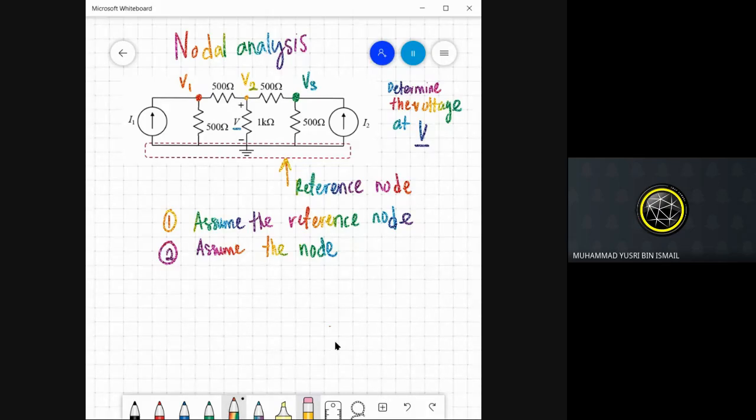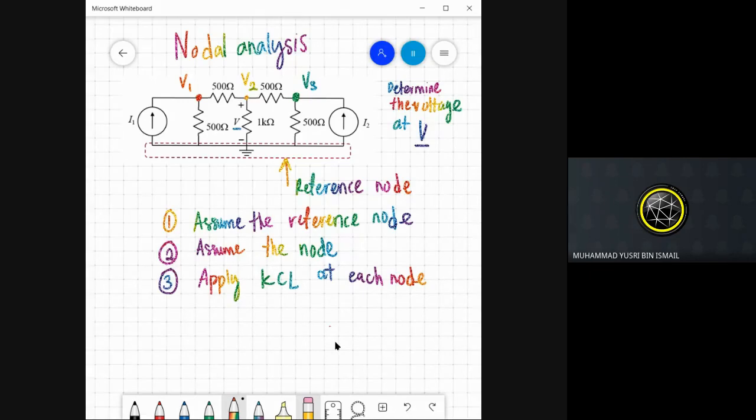Then the third instruction is to apply Kirchhoff's current law at each node. In this case, I will apply KCL at V1, V2, and V3.